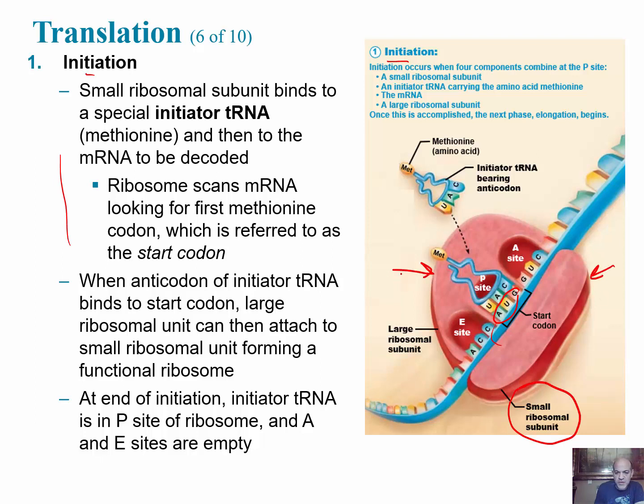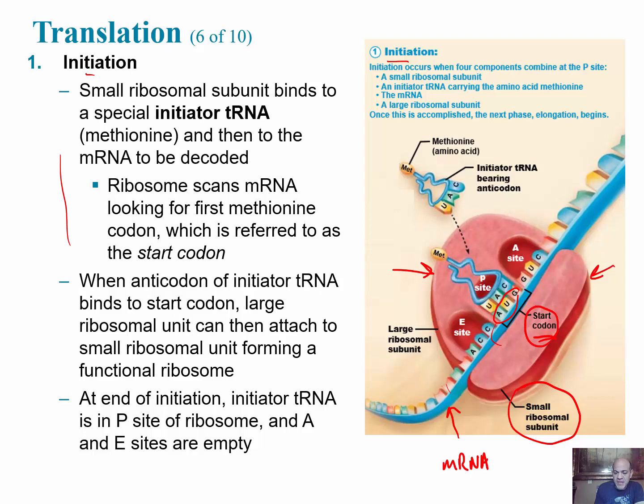The picture doesn't really show that. They look roughly about the same size, but the larger subunit is the other side. The small subunit is going to bind with the mRNA, which is the molecule carrying the code from the DNA. It's going to bind right around the area where the AUG, or the start codon, is, right there.